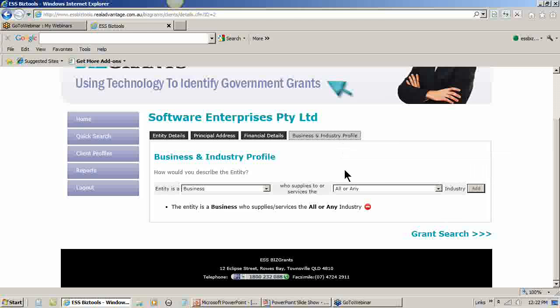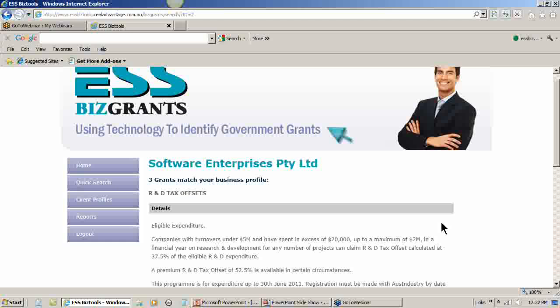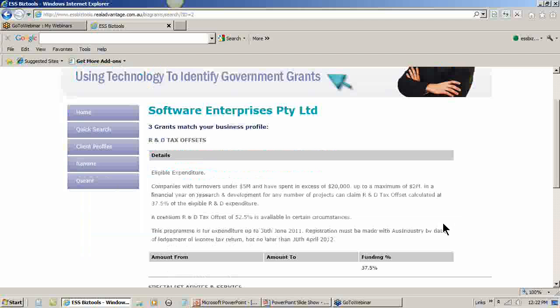The building industry, this is a business that supplies all sorts of industries. And the grant search is going to tell us that they could have been eligible to claim the R&D tax offset. Again, this is on expenditure up to the 30th of June 2011.